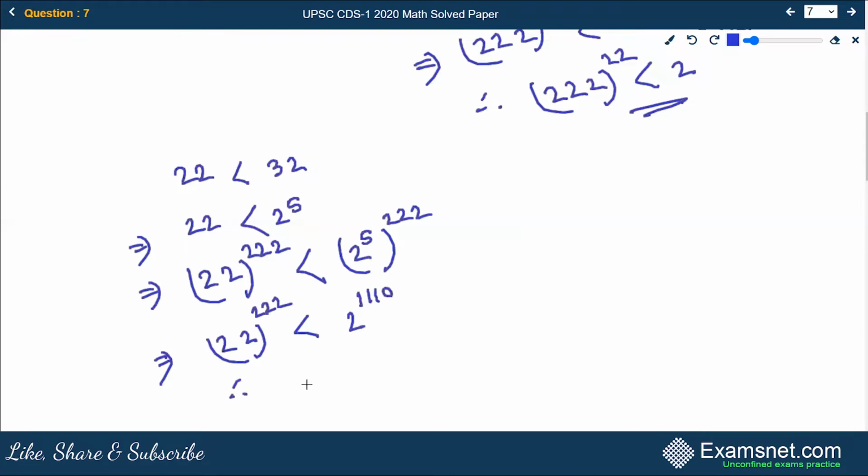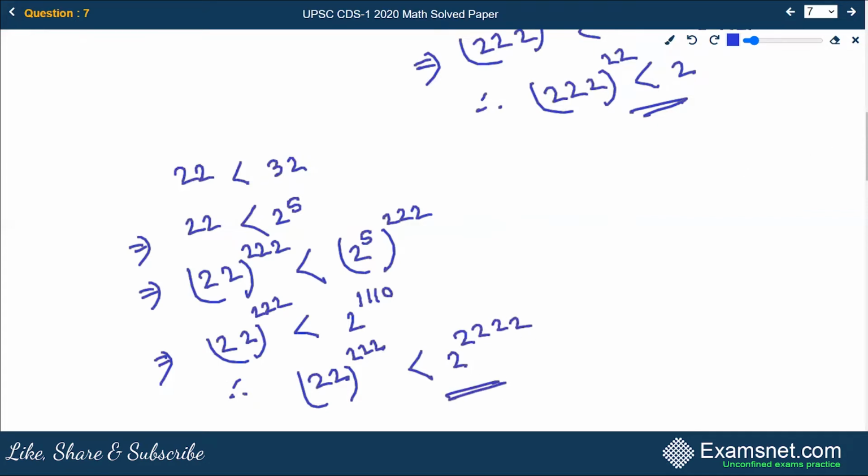So if 22 is less than 2 to the power 5, then 22 whole to the power 222 is less than 2 to the power 1110, then 22 to the power 222 is obviously less than 2 to the power 2222.